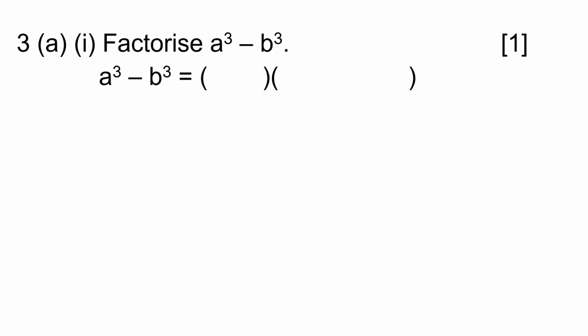How do we solve this? Remember, factorize means to express an algebraic expression as a product of its factors. This means your final answer must involve brackets. But what exactly do you write inside?